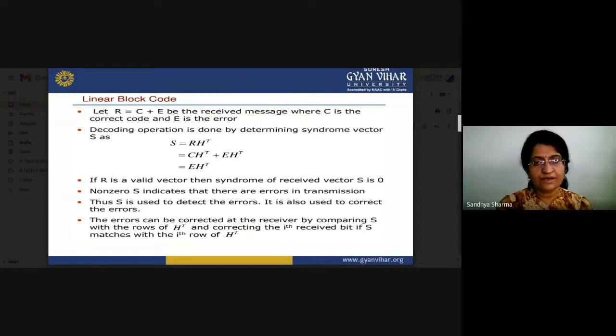So a non-zero S indicates that there are errors in the transmission, and thus S is used to detect the errors. It is also used to correct the errors. So that is why we use this terminology: detection of errors and correction of errors.